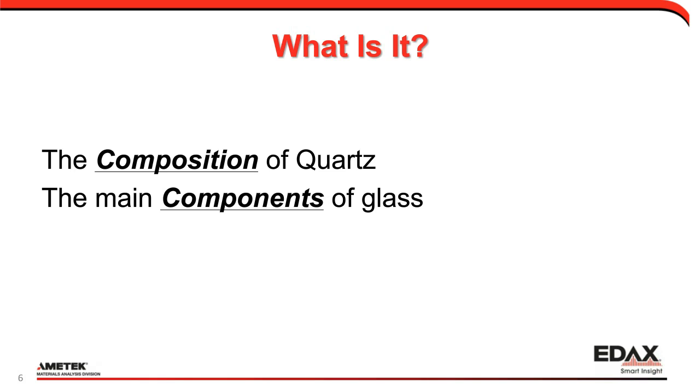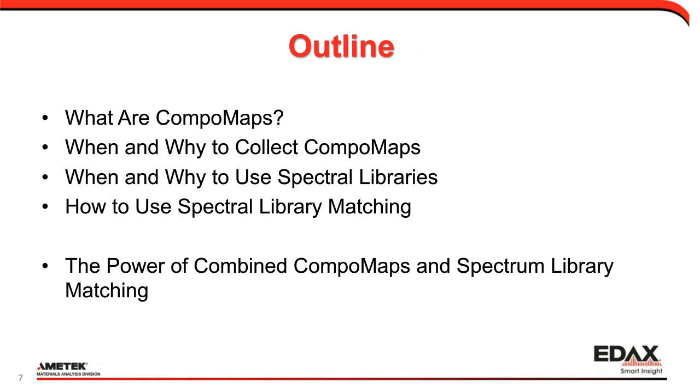And so today's topic is CompoMaps. And I'd like to highlight the words composition and components, and also even the word compound, because these are all of the ways that we as investigative scientists look at our materials. So we take our silicon and oxygen peaks and we come up with a composition.